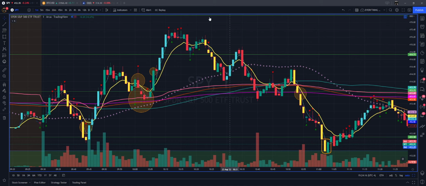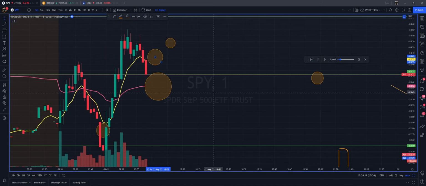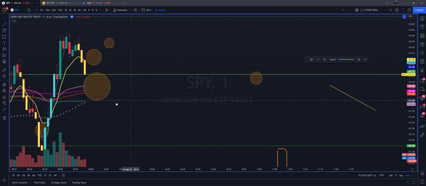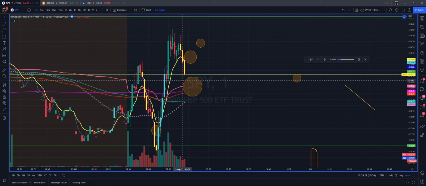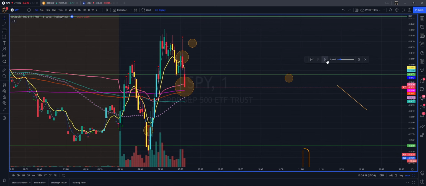The first one, I thought it was completed already from this downfall, and then it's trying to reject some of the levels, or maybe some of the moving averages over here, right? And then this candle right here gives me hope.